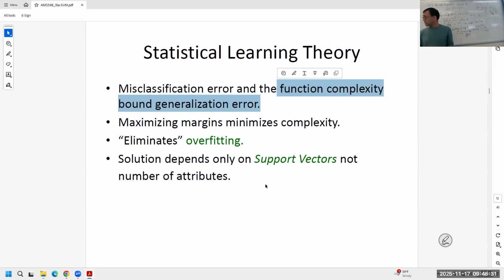I can give you a simple example. Say you have two groups of points, circles and crosses.